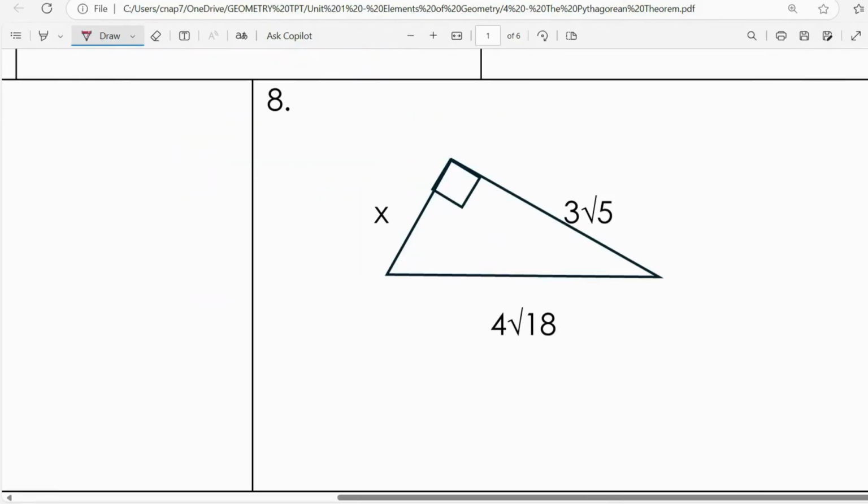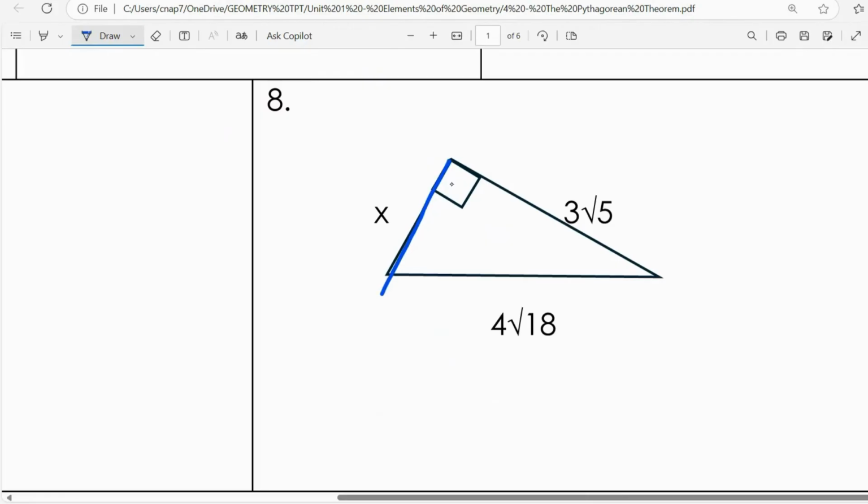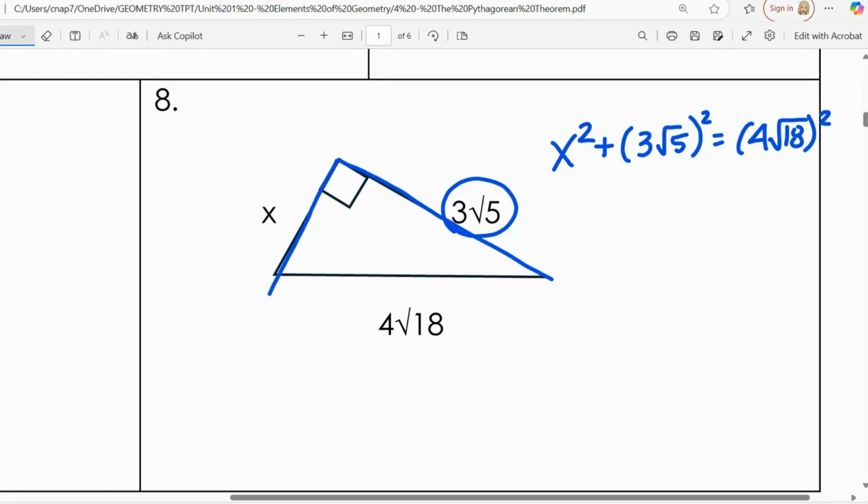And for the last one, this one we haven't done before where you're squaring a square root. So here's the capital L, x squared plus. You have to be careful because this is the entire side. So you have to square 3 root 5, the entire quantity squared, equals 4 root 18 squared.